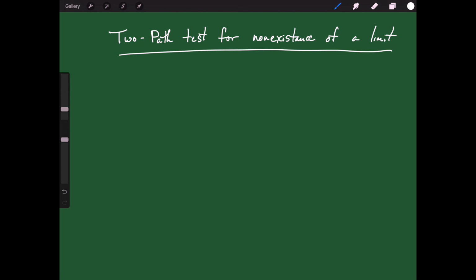If a limit doesn't exist, how do you show that it doesn't exist? Well, you really need to find two different paths on which you can approach that point that have different limits. And if it has two different limits in some sense, then it doesn't have a limit, because all the limits need to agree no matter what path you're traveling.